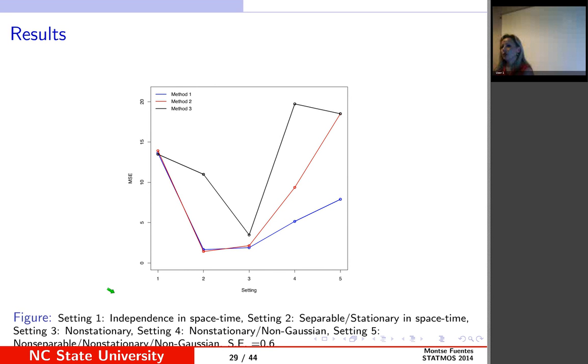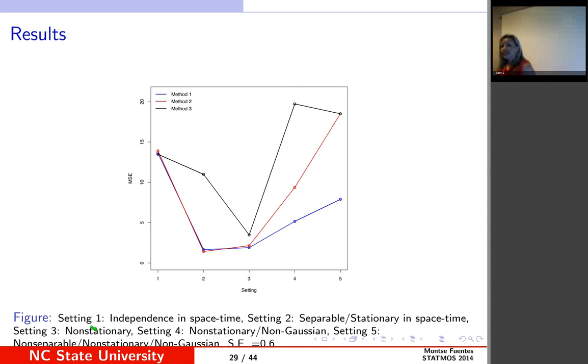We want to make sure that this relatively more complex model that we are proposing can do a really good job explaining the simplest type of scenario. Then we move to a Gaussian setting that is separable and stationary. Then we move to the non-stationary case. We move to the non-Gaussian non-stationary, and then to the non-Gaussian non-stationary non-separable setting.